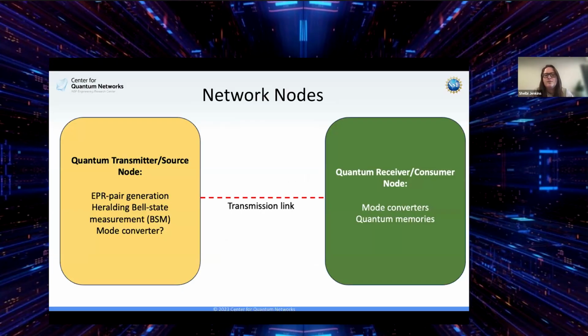We can have a mode converter in there theoretically to change it to visible before we transmit it. Or alternatively, we can transmit that photon to the quantum receiver or consumer node, where it can do that mode conversion right before the memory. And then we will also have quantum memories in the receiver node to actually store that entanglement and be able to source it out later.